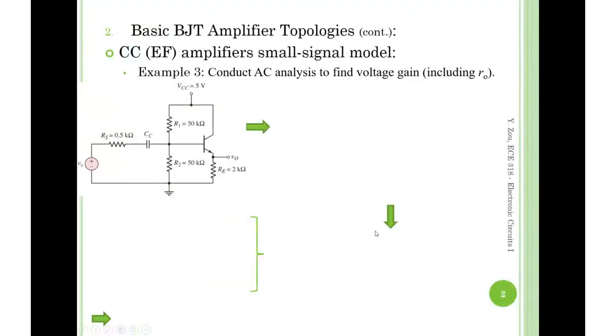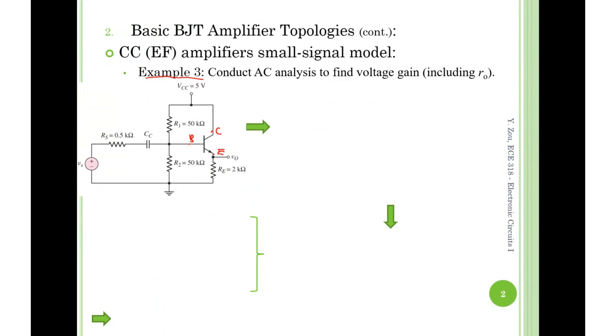So here, we are dealing with example 3. Let's take a look at the given circuit. First of all, we can tell the base, collector, and the emitter. Identifying the 3 terminals, and then followed by identifying, this is common what?